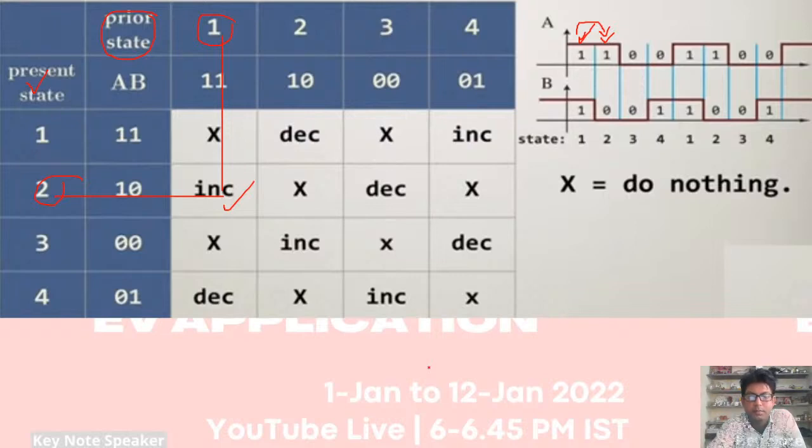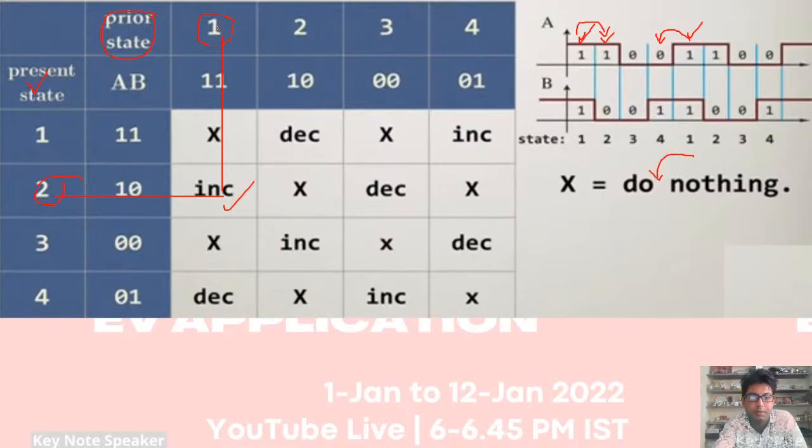Then you can see here, if my past state is 1 and present state is 4, then the disk is rotating in this direction. So I have to decrement.